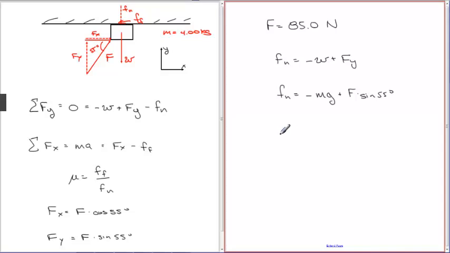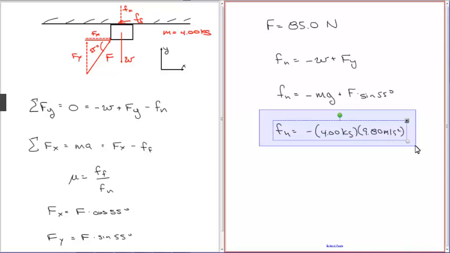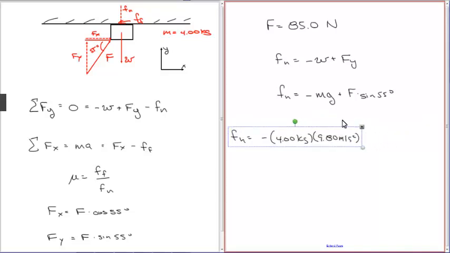So I think we know everything there, so let's do this. Negative m, mass is 4 kilograms, acceleration due to gravity is 9.80 meters per second squared, plus F, which is 85 newtons, times sine of 55 degrees.